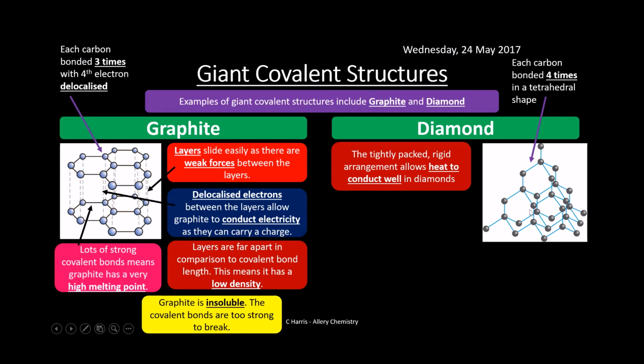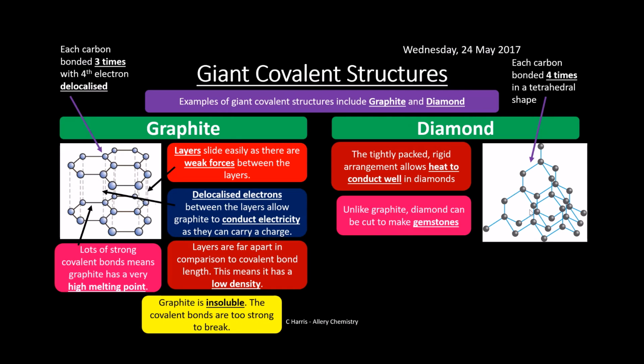It's a tightly packed, rigid arrangement. Heat can conduct well in diamonds. Unlike graphite, diamonds can be cut to make gemstones, which can be pretty useful. They have very high melting points because we've got lots of strong covalent bonds, and it requires loads of energy to overcome them.